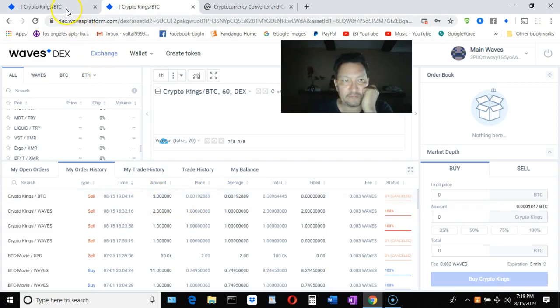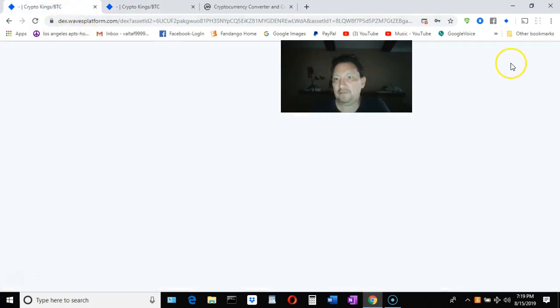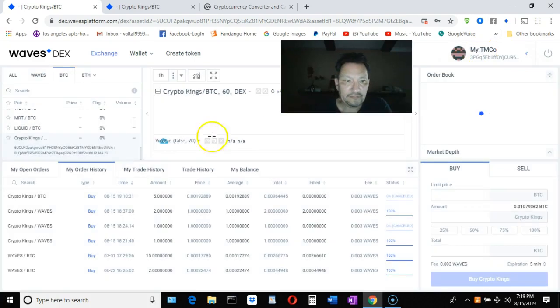In the meantime, let's go over to my wallet, which is here, and in my order history for my wallet, we see that CryptoKings MovieCoin was purchased, see, a buy order using Bitcoin for the amount of 5 coins, and the transaction is not complete here. So we are still waiting for the confirmation to go through the exchange.